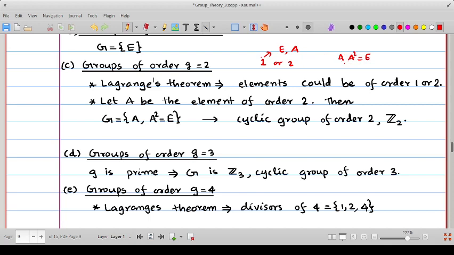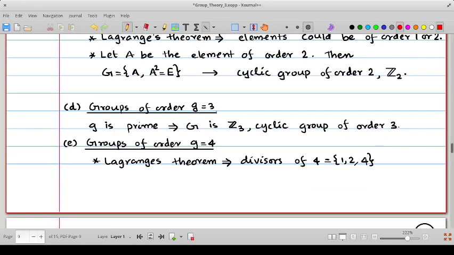So the group can be written as G is equal to A comma A square, which is the identity. Obviously, this is generated by A and it is of order 2. So it is the cyclic group of order 2, and we denote it by Z2. In general, a cyclic group of order n is denoted by Zn.